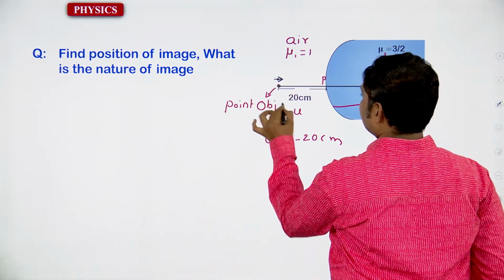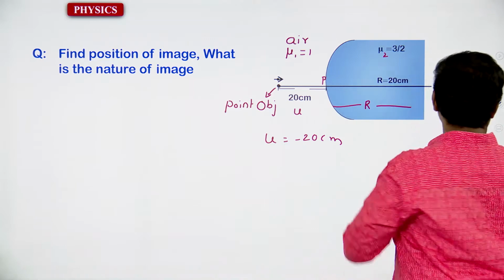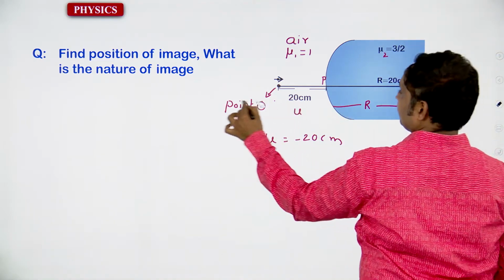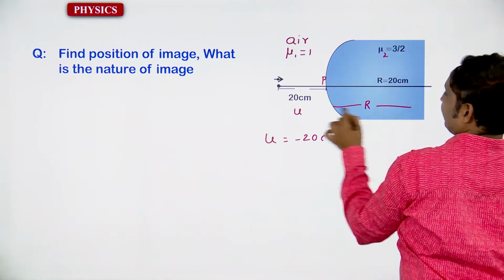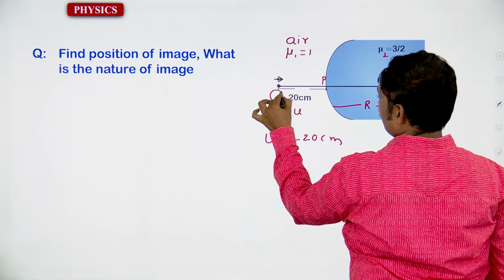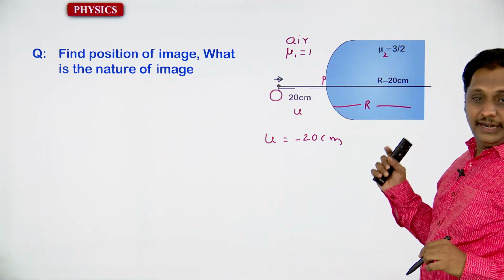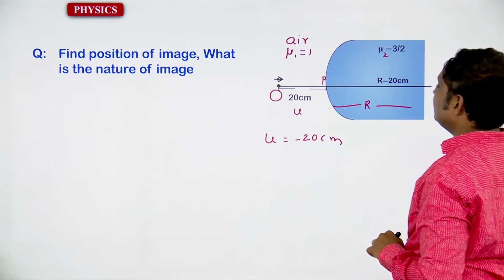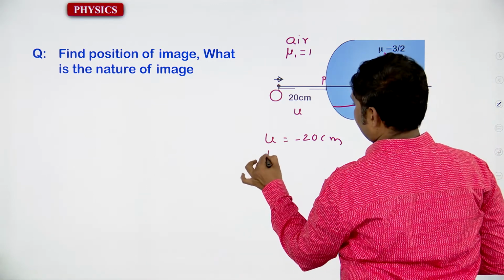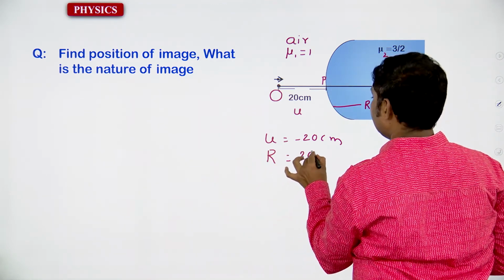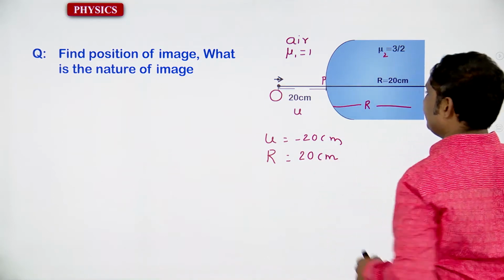It's very clear. We have to confirm. This is going to be O. At that place we have to consider R is equal to 20 centimeter. All right, very clear.